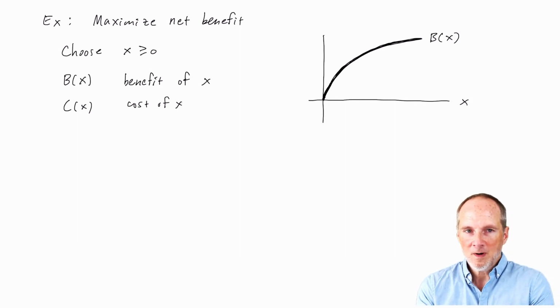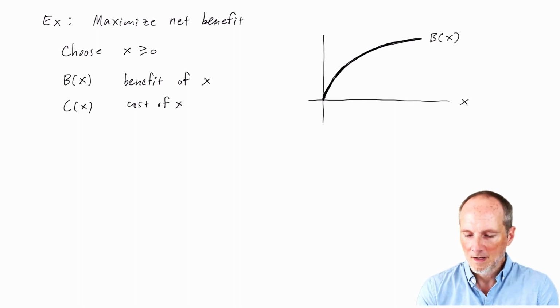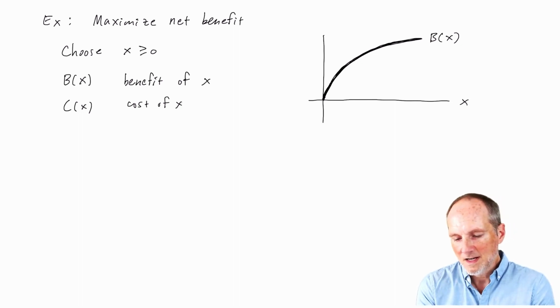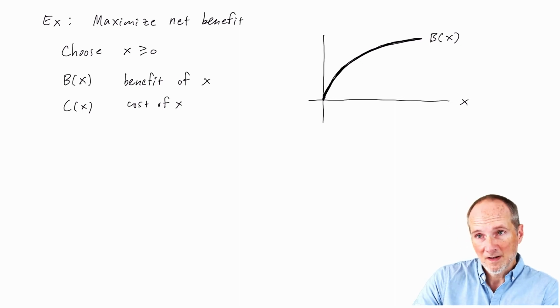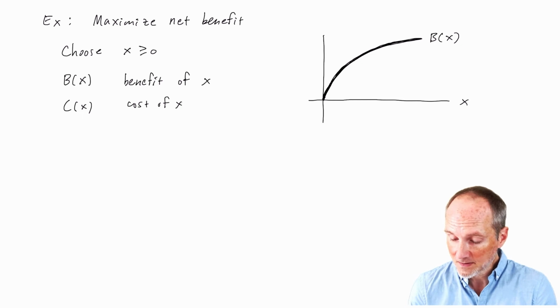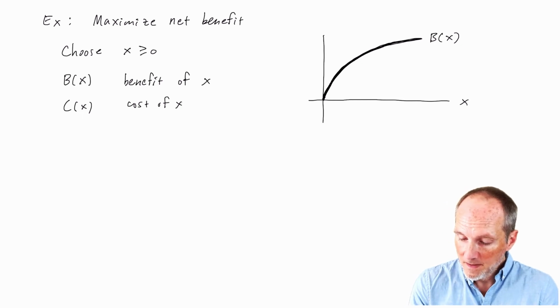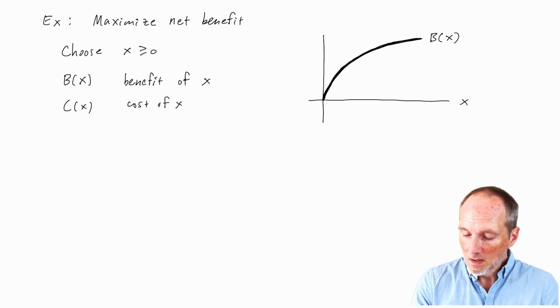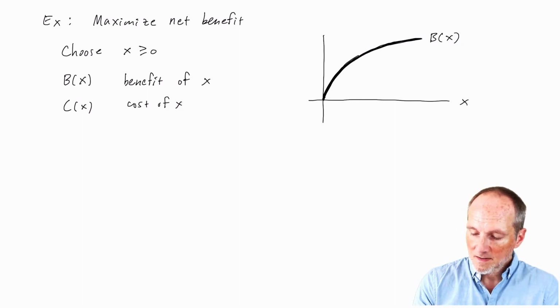And then after a while, you're filling in cracks, still positive benefit, but again, the benefits are decreasing. The increase of the benefit is getting smaller for higher levels of scale. So this curvature of this benefit function is capturing this diminishing marginal returns to scale.